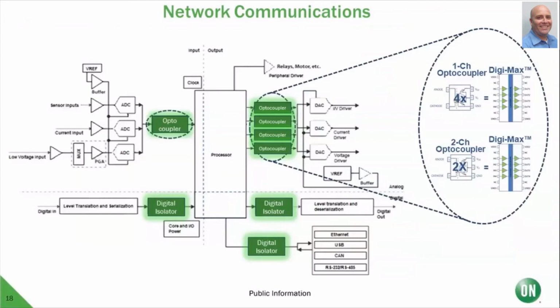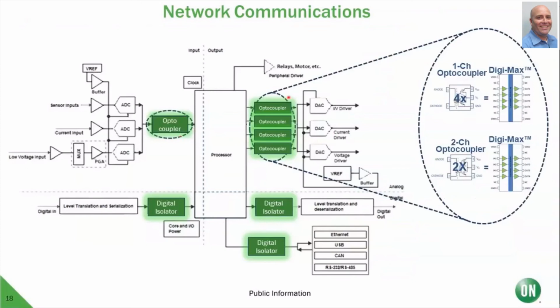In this slide, you can see a block diagram for network communications where multiple optocouplers are used for data communication. You can see on the left side, we're still highlighting the optocoupler. As mentioned before, single channel, low performance can still be done with optocouplers.